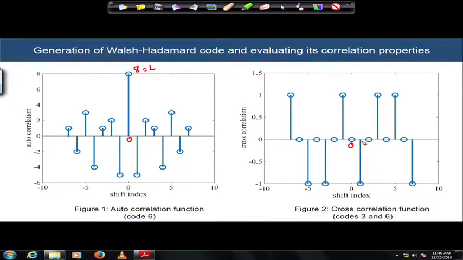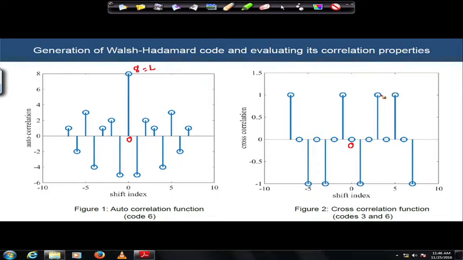It's not always necessary that this will be the pattern of cross correlation between any two arbitrary codes. The pattern may change, but two things will remain the same. One is that the cross correlation between any two arbitrary codes at lag 0 will be 0, and otherwise it may either be 0, 1, or minus 1.